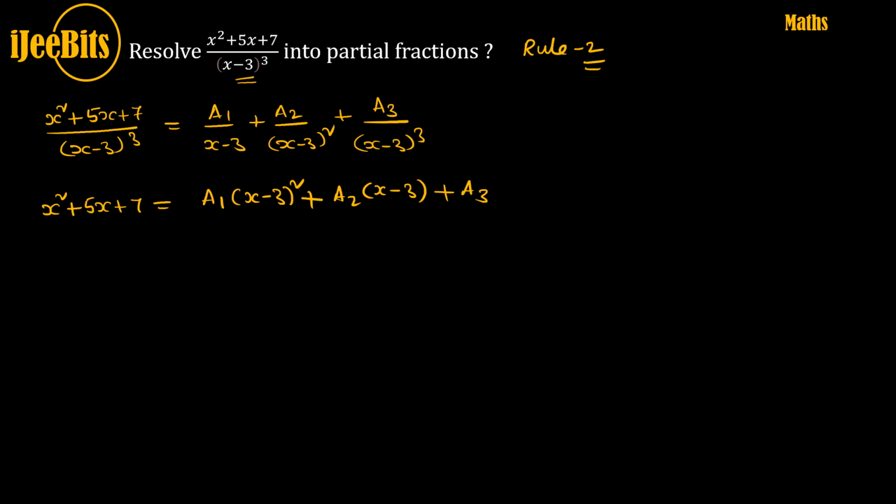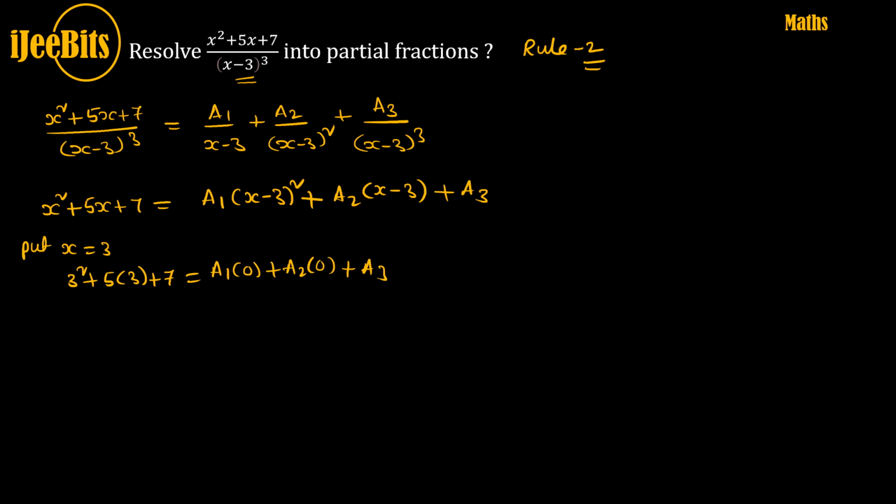Clear? So now you have to use the elimination method by substituting x values. Let's put x equal to 3. What happens? This becomes 3 squared plus 5 into 3 plus 7 equals, this becomes 0 because 3 minus 3, so a1 of 0 plus a2 of 0 plus a3.